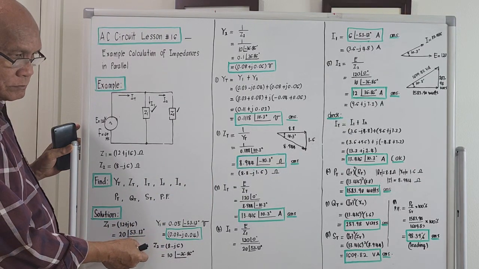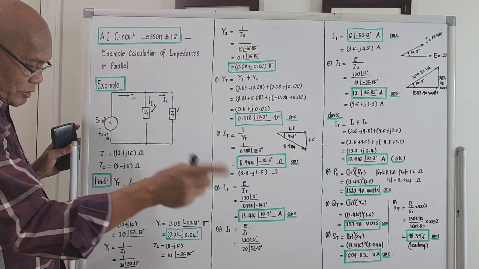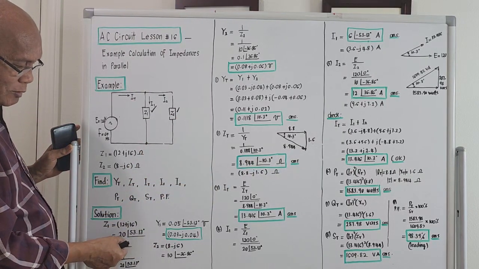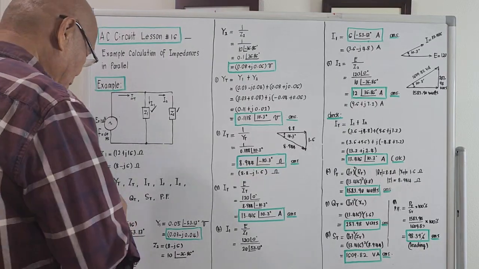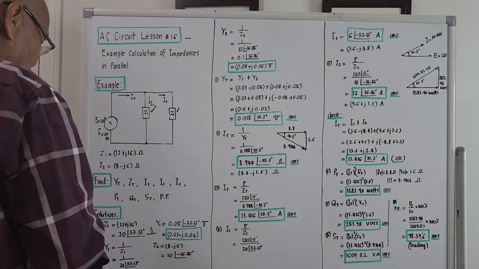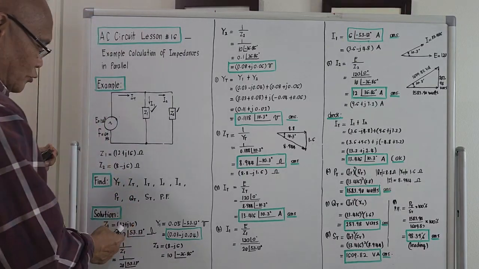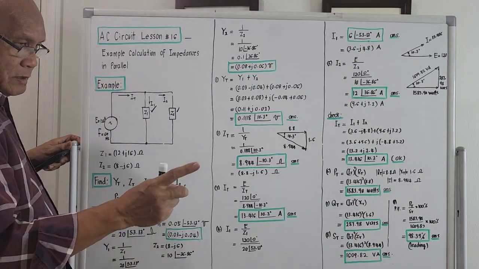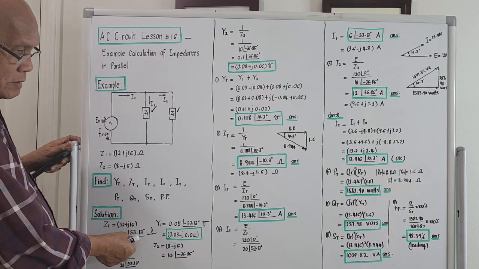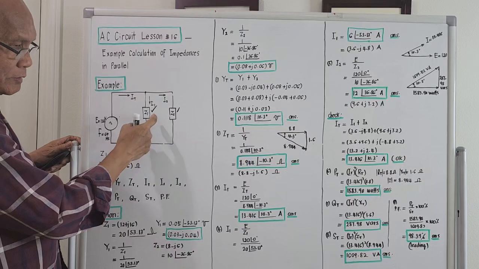Take the cosine. You divide 12 by that cosine value. What comes out for the magnitude of impedance number 1 will be 20 ohms. The magnitude of the impedance is 20 ohms and the angle is 53.13 degrees, and this is plus. So it should be inductive, and it is a motor load.